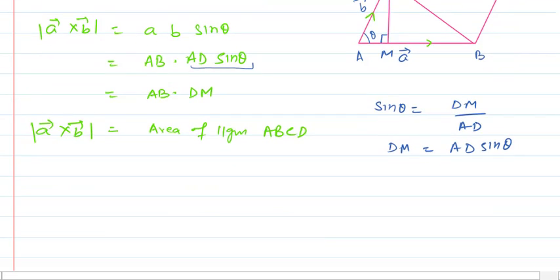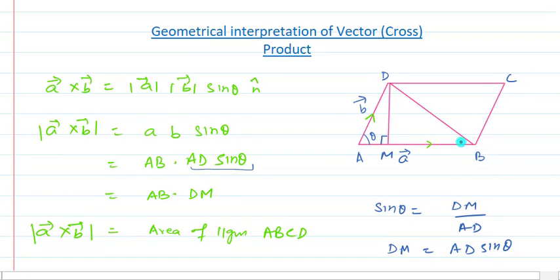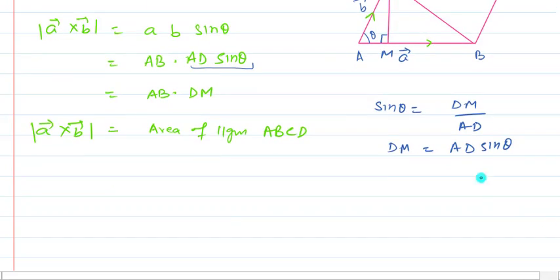From here, DB is the diagonal, and we know that triangle DCB and triangle ADB are congruent triangles. So if we need to find the area of triangle ADB or DCB, we just need to take half of this. So the area of a triangle can be given as half of the modulus of A cross B, where A and B are the adjacent sides of the triangle.